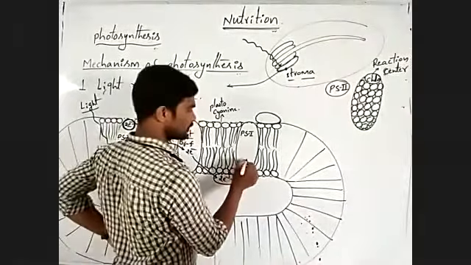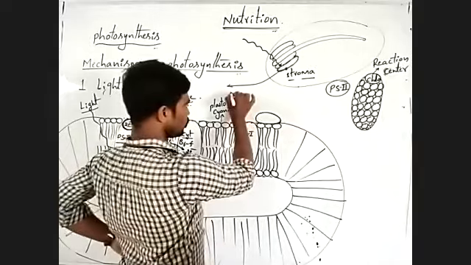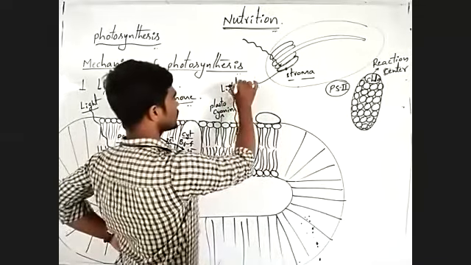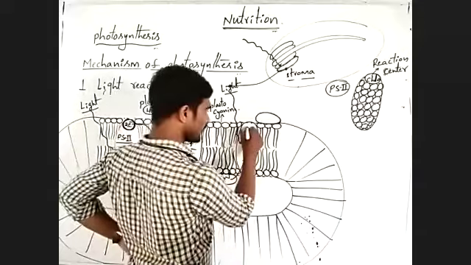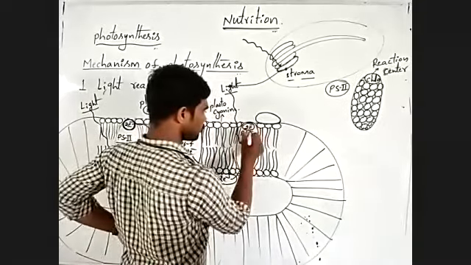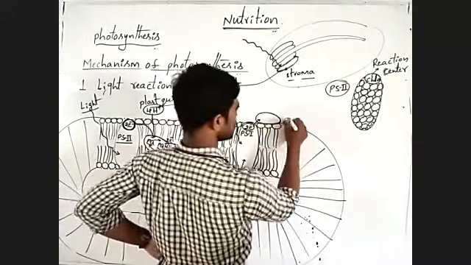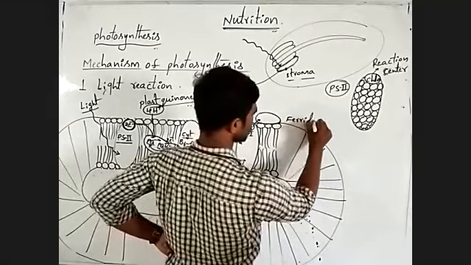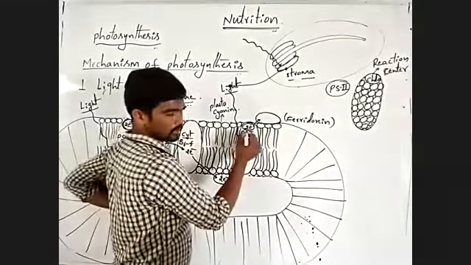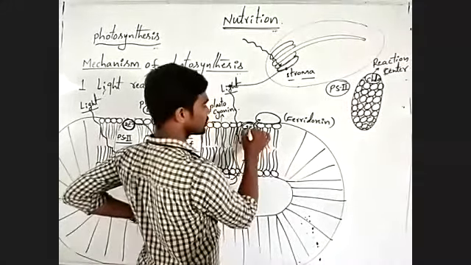Before receiving the two electrons from plastocyanin, due to the presence of sunlight, two electrons from photosystem 1 are received by another membrane protein, that is ferredoxin.